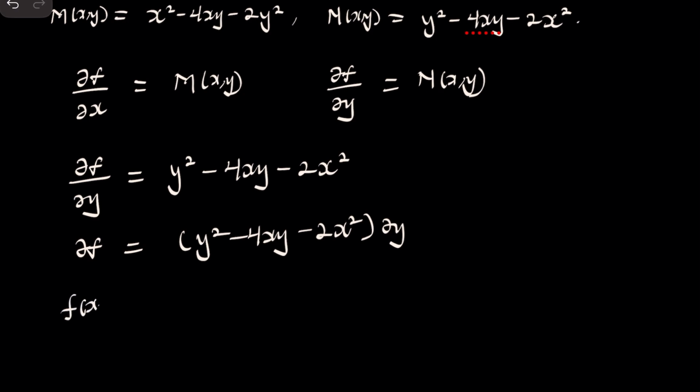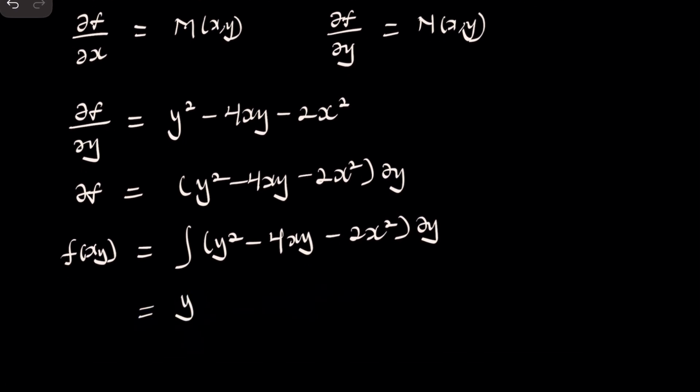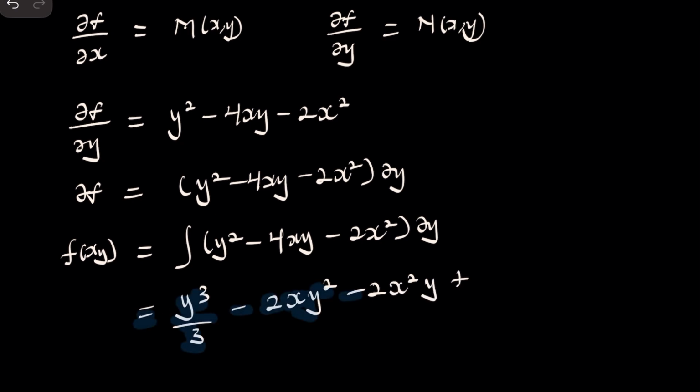So we are going to have f of x y is equal to, so we are going to integrate with respect to y, y squared minus 4xy minus 2x squared partial of y. Integrating this, we are going to have y cubed on 3 minus 2xy squared minus 2x squared y plus a constant, but in this case we are going to have it to be a function of x.